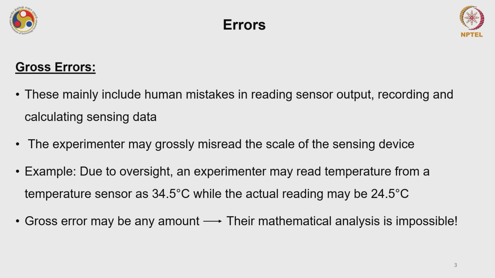Gross errors mainly include human mistakes in reading the sensor's output, recording it and calculating the sensing data. When I say calculating the sensing data, I also mean interpreting the sensing data. Since we are discussing mostly electrical sensors where the output is in electrical form, you already know this because we have discussed this in module 1.